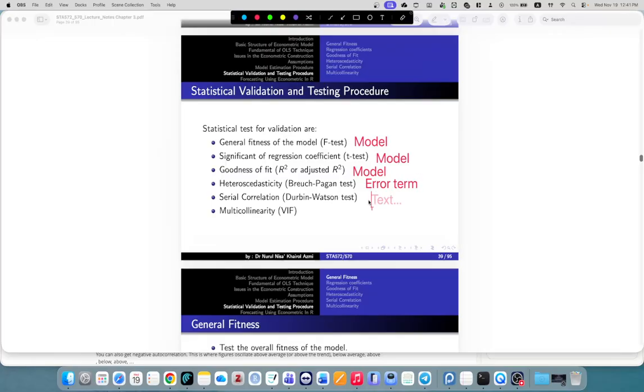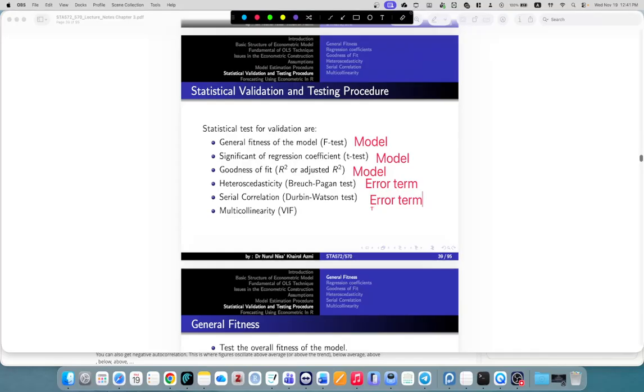And serial correlation is also for the error term, because we want to see whether the error terms across the time period are correlated with each other or not.